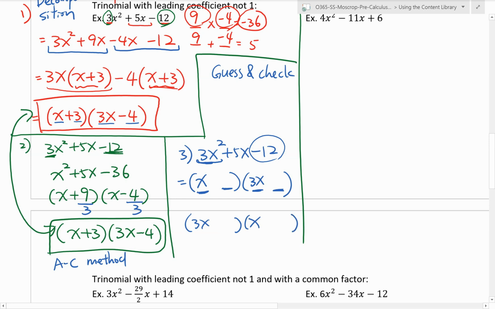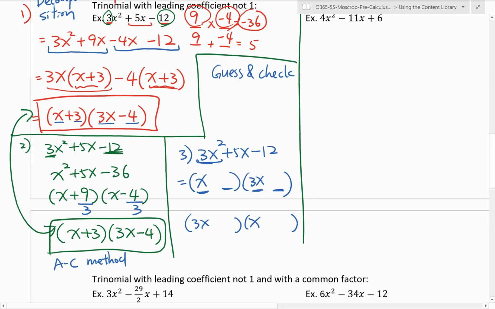Now, the next question you need to think about is, how do I get negative 12? There are several choices: 1 times negative 12, or negative 1 times 12, 2 times negative 6, negative 2 times 6, 4 times negative 3, negative 4 times 3. I believe those 6 are the only choices. So how do I know which one to use? Well, we don't.